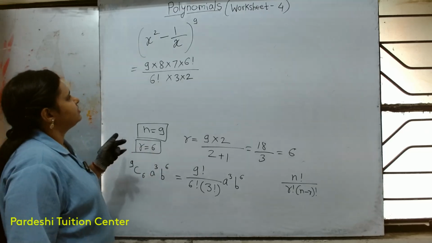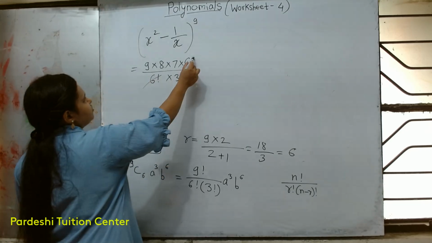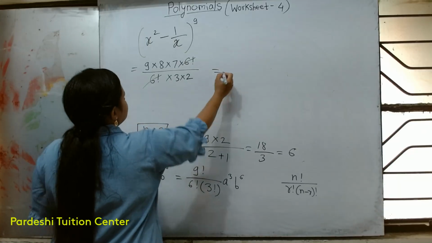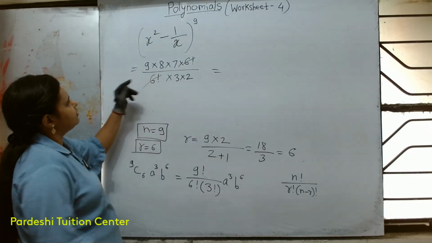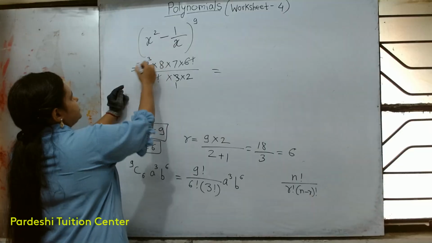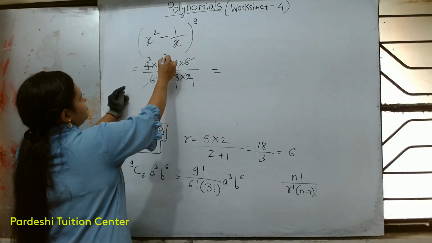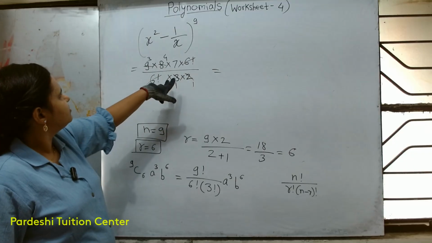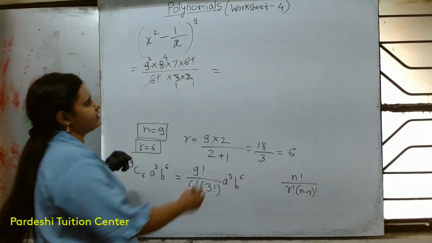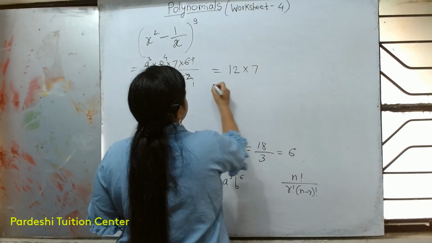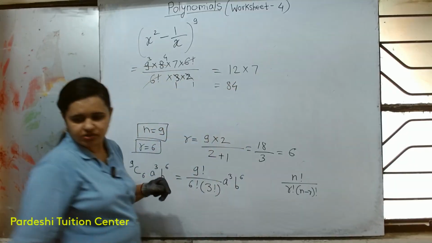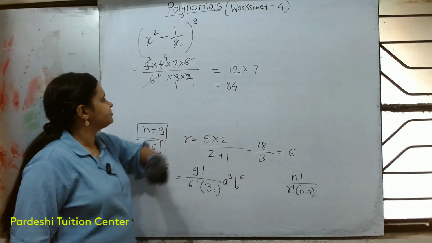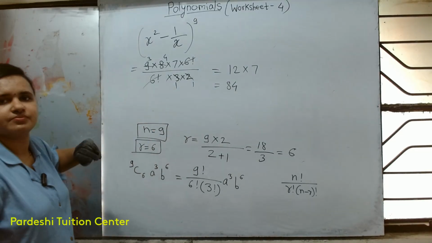Now 6 factorial and 6 factorial will get cancelled. Now 3 ones are 3, 3 threes are 9, 2 ones are 2, 2 fours are 8. Now what is remaining? 3 fours are 12, 12 sevens are 84. So the term independent of x is 84. So our answer is 84.